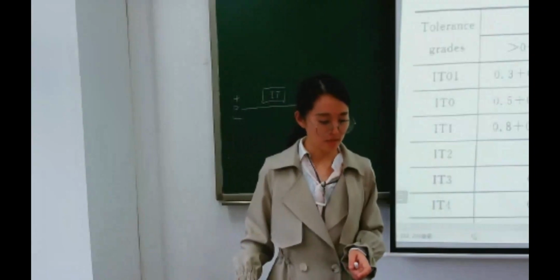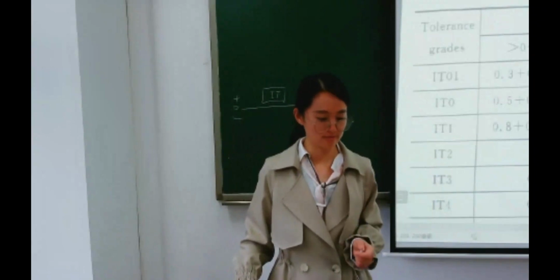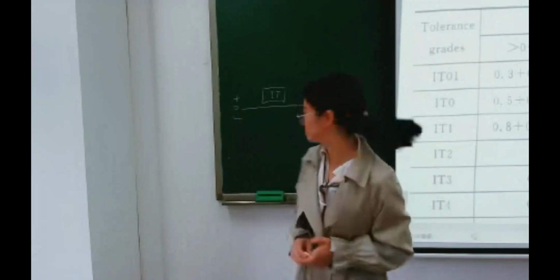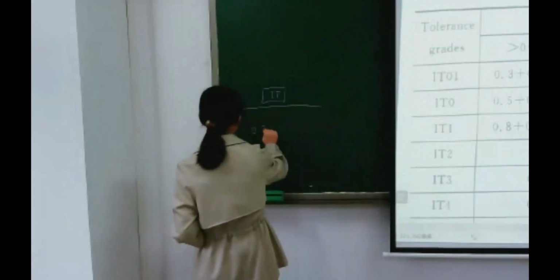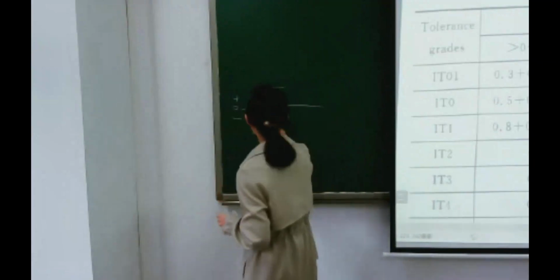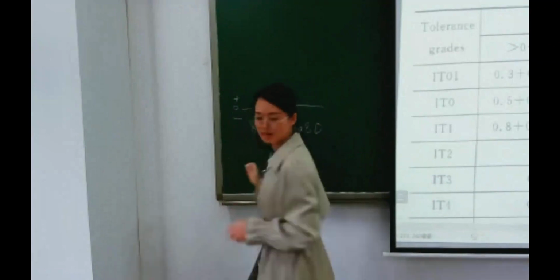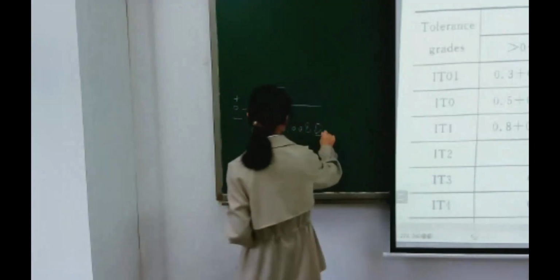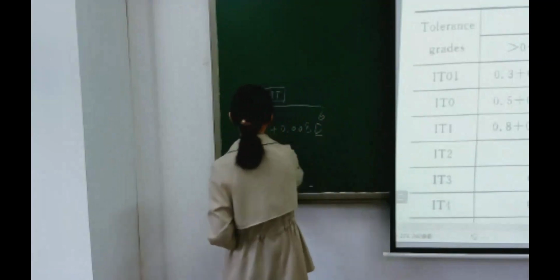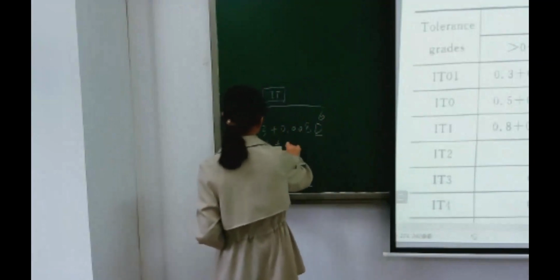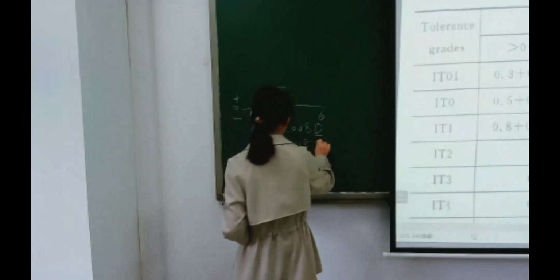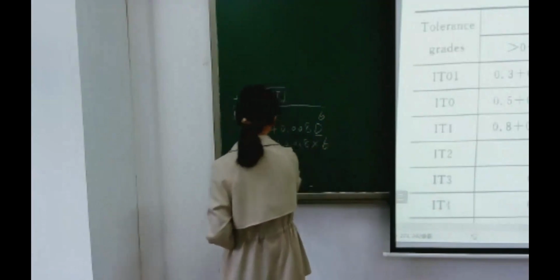Then use these equations to calculate the tolerance: 0.008 D, right? For example, this D is 6, so 0.008 multiplied by 6. How much is that?